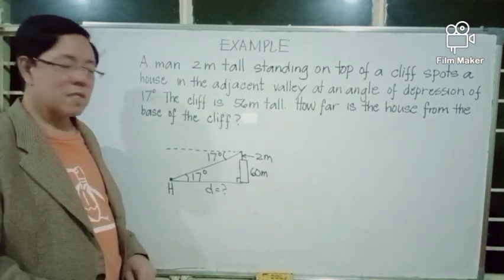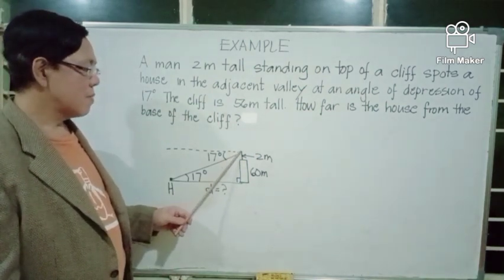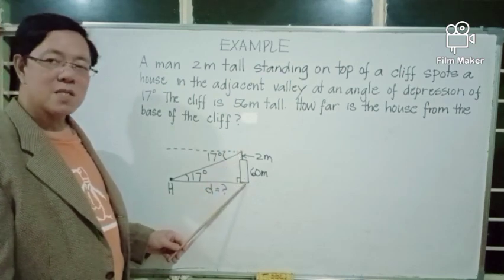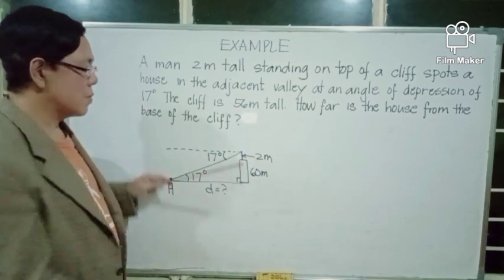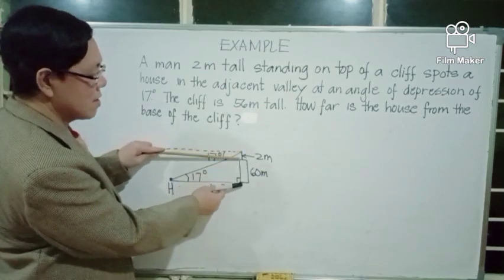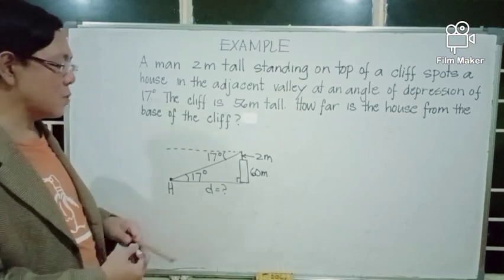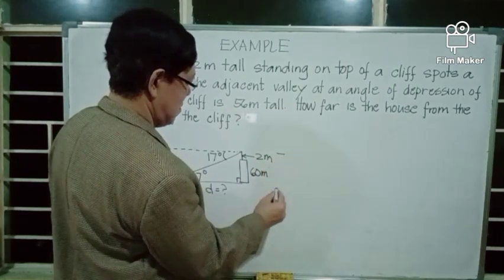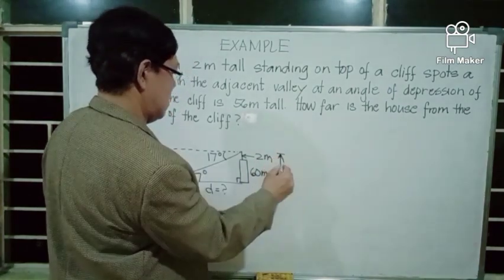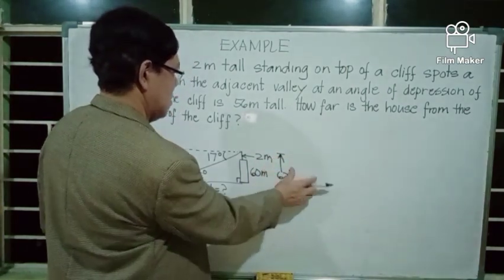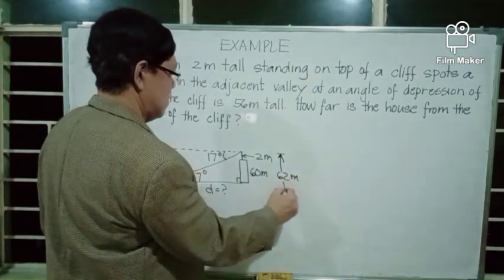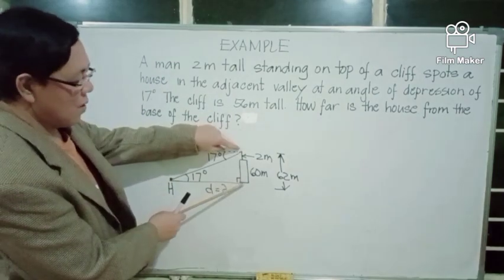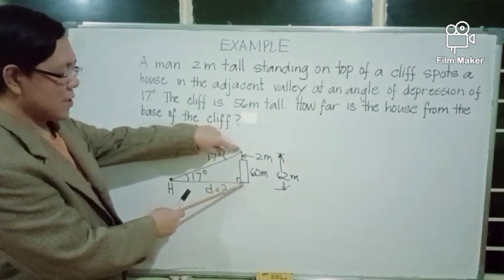Now, the total distance from the eye of the observer to the base of the cliff is the height of the man plus the height of the cliff, 2 plus 60, 62 meters. This is the height of the right triangle.